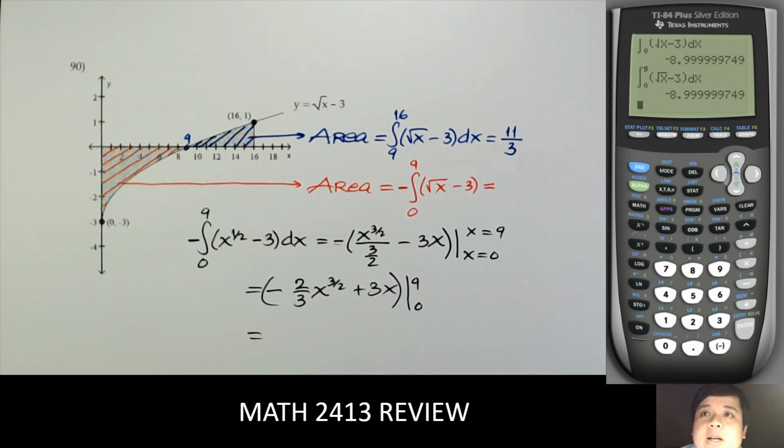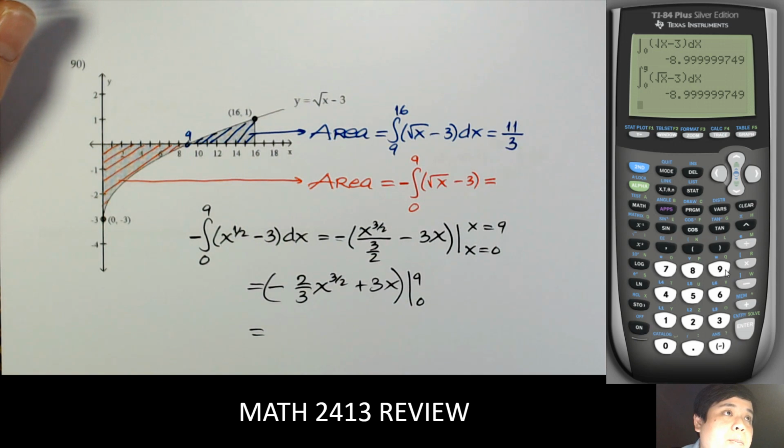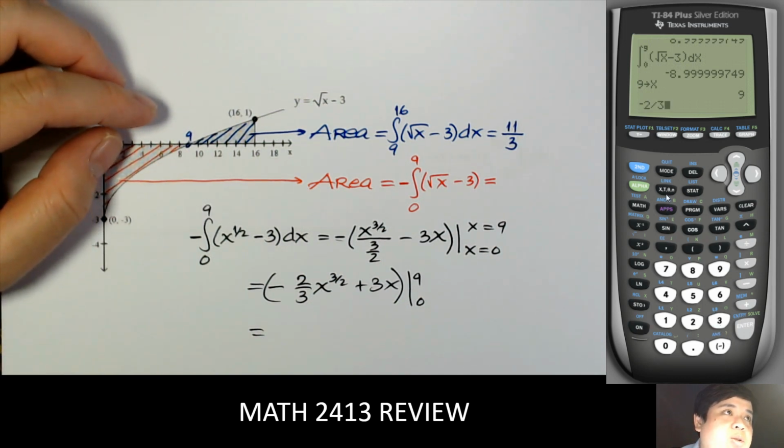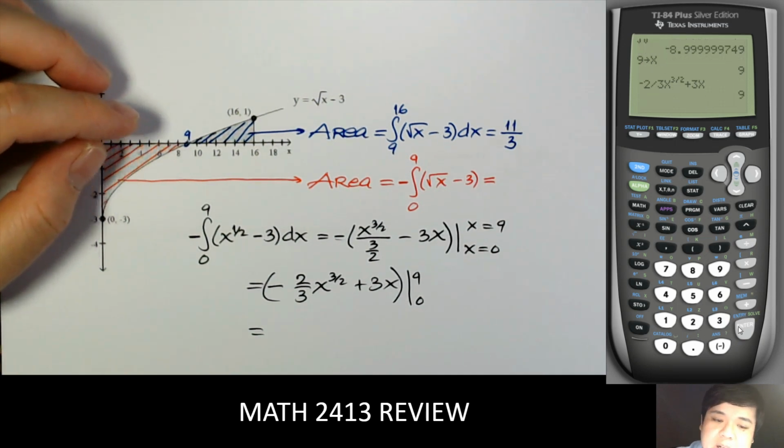So this I think we can evaluate by hand or by the calculator. So first I'm going to put in 9, store into x, and then we have negative 2 over 3 x to the 3/2 plus 3x. It's going to be 9.